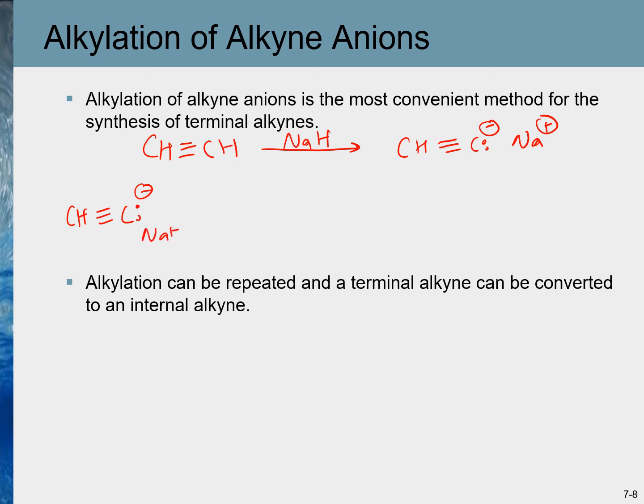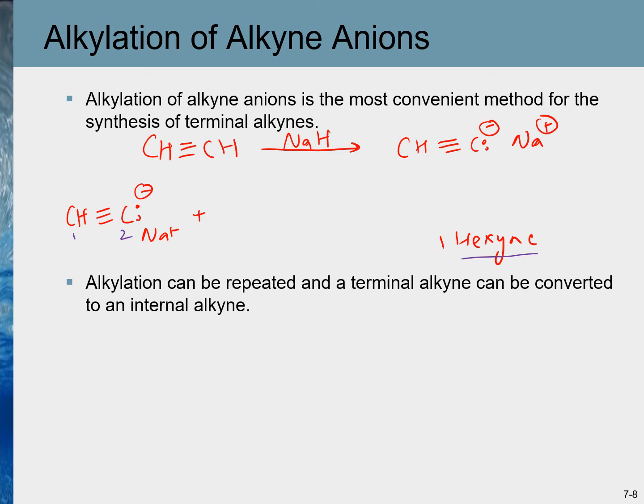For example, imagine if I want to prepare a 1-hexyne. All I need to do is choose a suitable chain in the alkyl halide. I already have 1 and 2 carbons here, so in order to go for hexyne I need 4 more carbons, right?